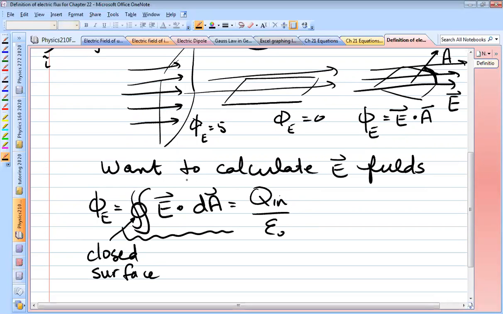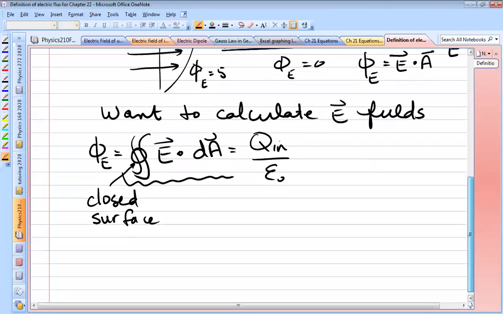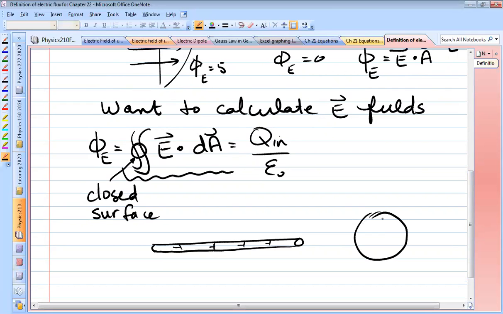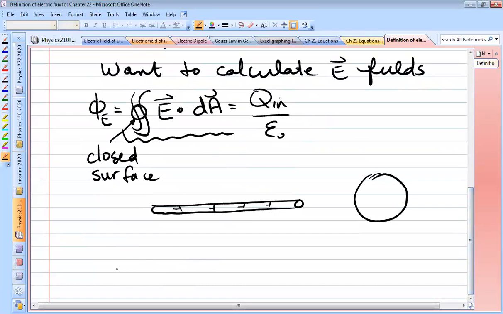Now what we do is we reduce this to extremely simple terms on the left here because we're going to do super symmetric situations. We're only going to do infinitely long rods, which are highly symmetric, which makes that integral super easy. Or we'll do spherical charge distributions, so perfect spheres, or we'll do infinite sheets.